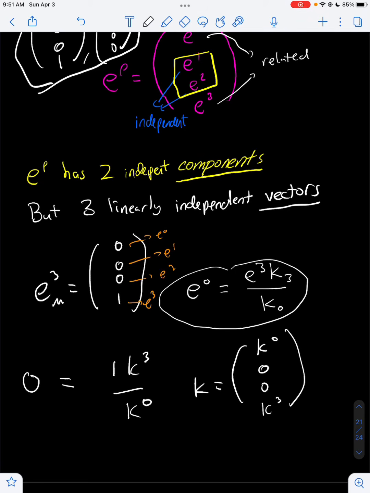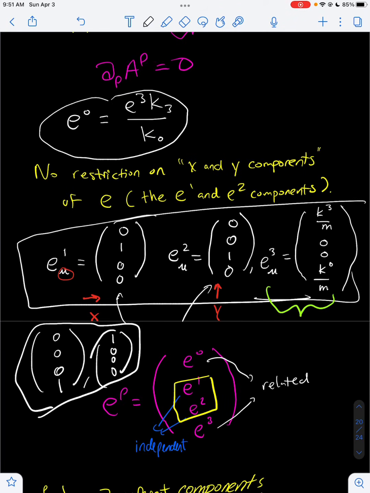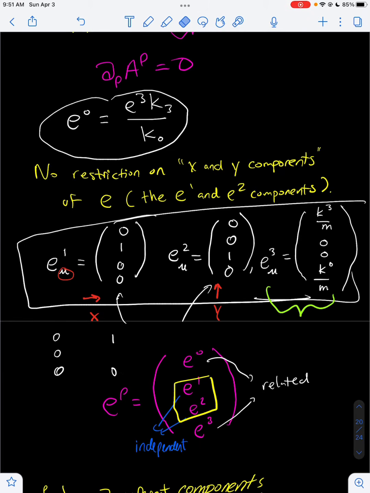So K0 and K3 are non-zero, and so 0 would equal some non-zero number. But 0 is not equal to something that is not 0. So that's a contradiction, and we can't have that as a polarization state. The same reason applies to this other one over here. It also violates that condition, and you can check that yourself.